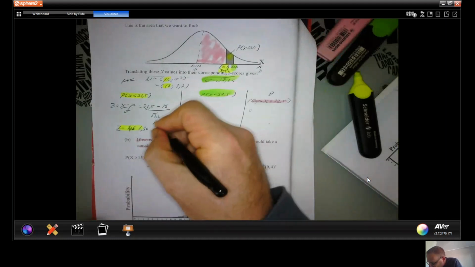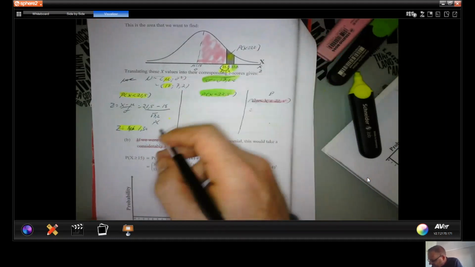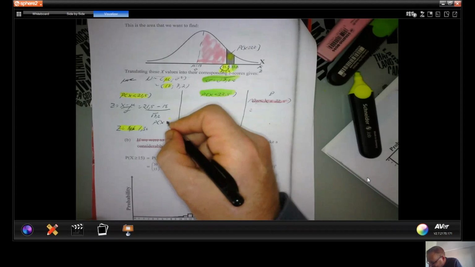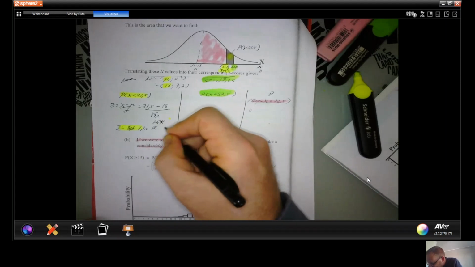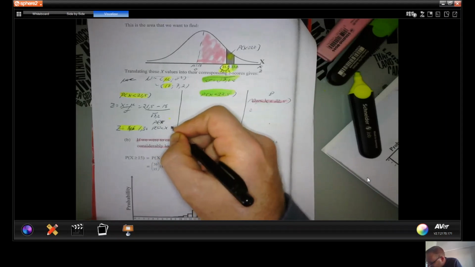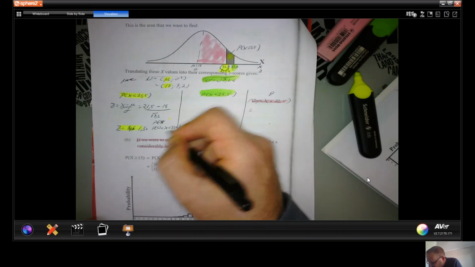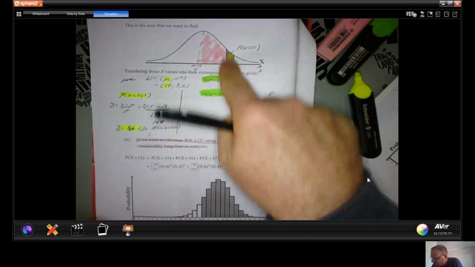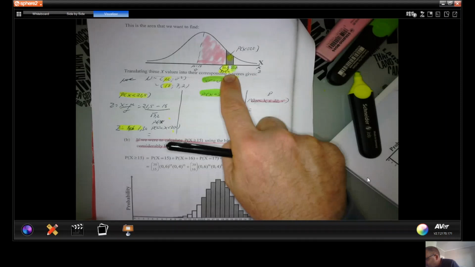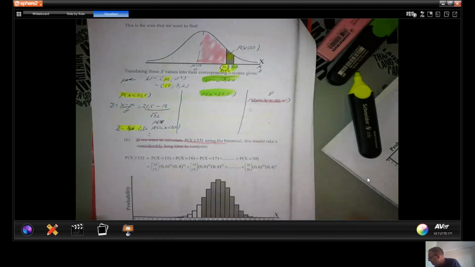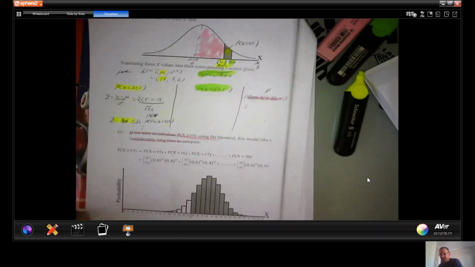So to work out the probability that x is bigger than 0 and less than 21,5, I'm going to have to work with this z score over here of 1,30. And if I go to my table, where the hell did I put my table?